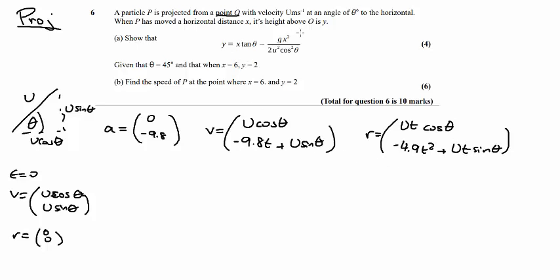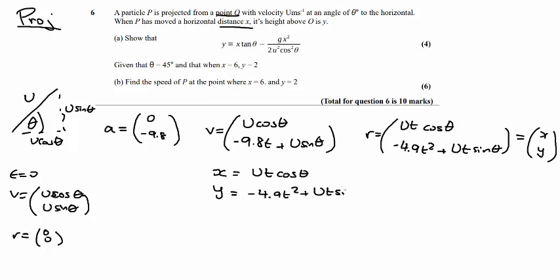Now, here's what it's saying: when P has moved horizontal distance x and its height above ground is y. Another way to call this is x and y. Does that make sense? So can you see we've got x equals ut cos theta, and y equals minus 4.9t squared plus ut sine theta. It wants you to show that.